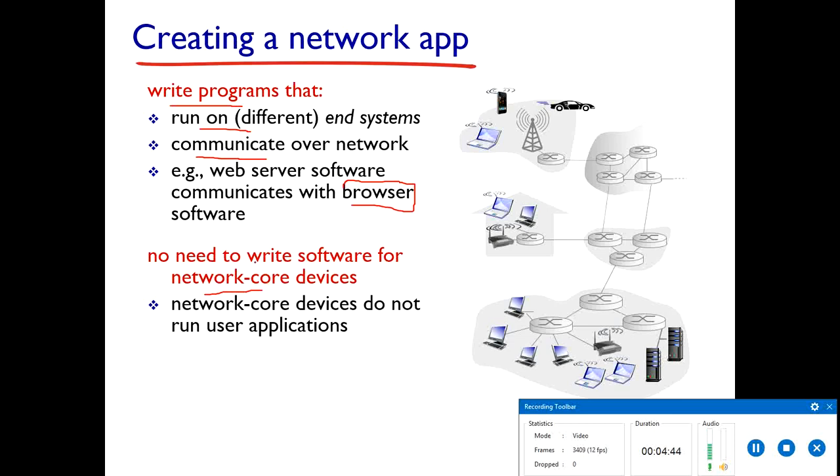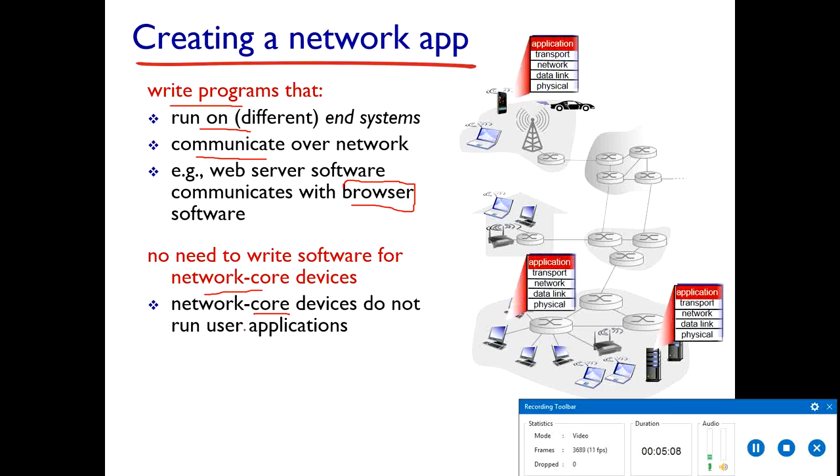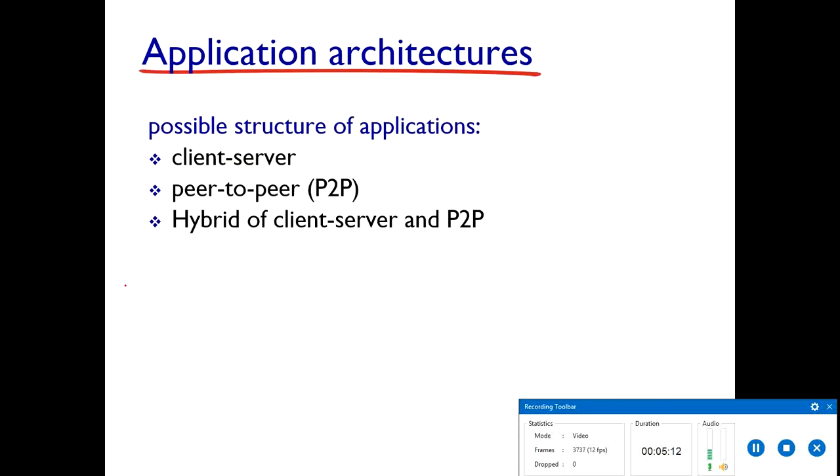So when we are writing a software, we need not care about the network core devices. We need not write the software for the network core devices, because the network core devices, for example the router, the switch, the hub, the repeater, do not run user applications. User applications are run on the end systems by the user.